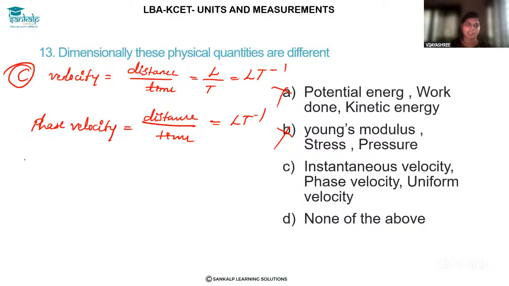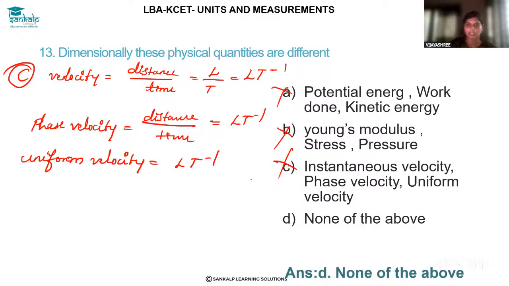Uniform velocity also is L T raised to -1. Since all three represent velocity, the dimensional formula will be the same for all three. Okay, so option C also wrong. So the right answer will be option D, none of the above.